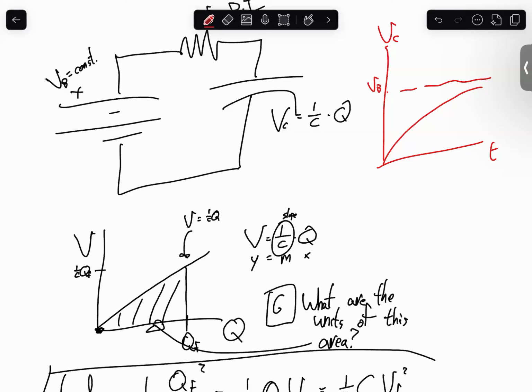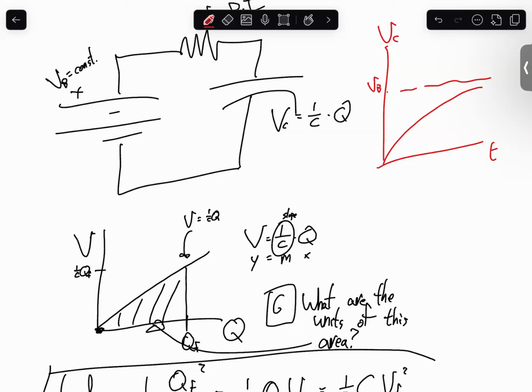Where does the V come from when we say Q times V? Elsewhere, there are some external charges which are pushing and pulling on that test charge.